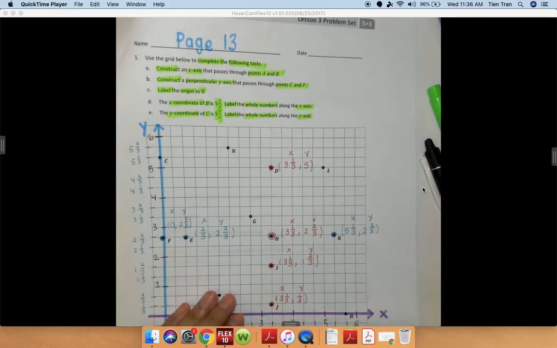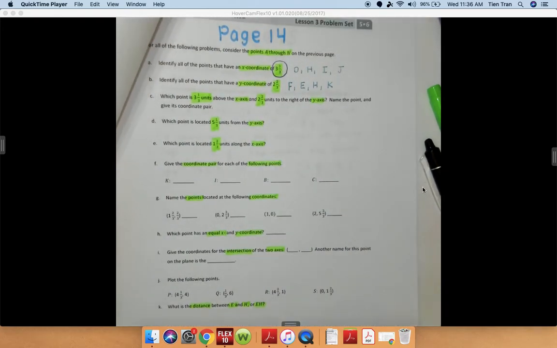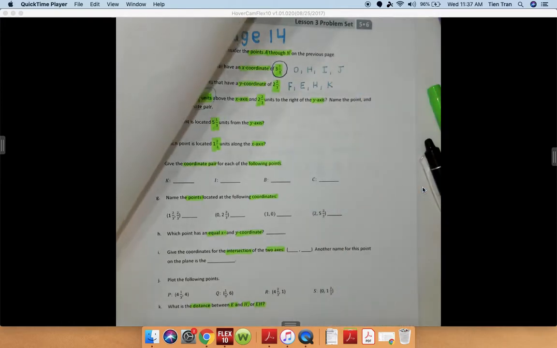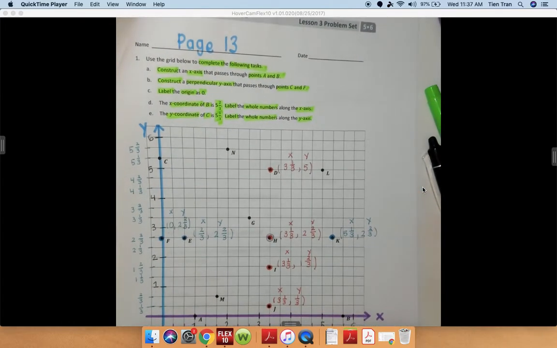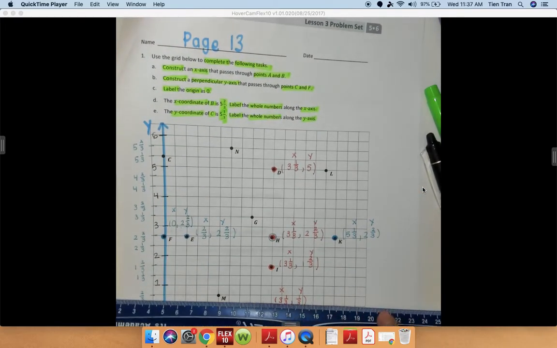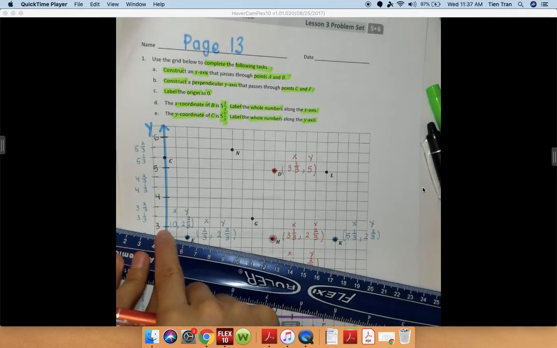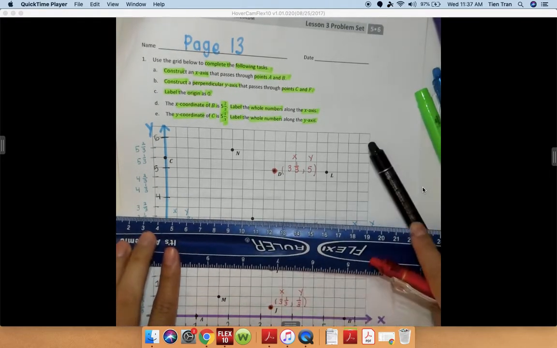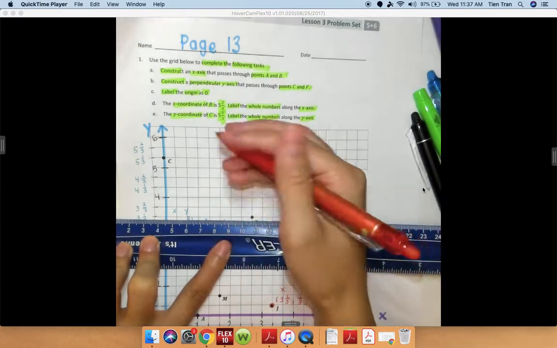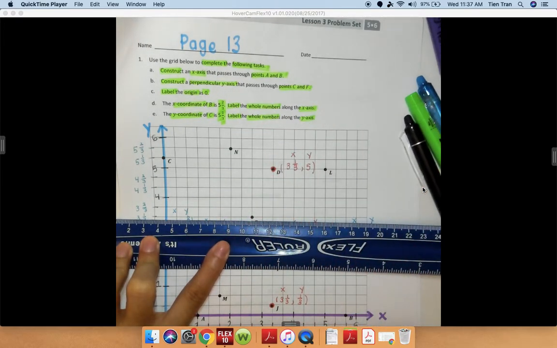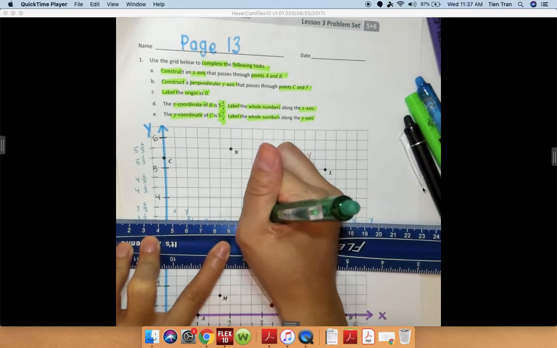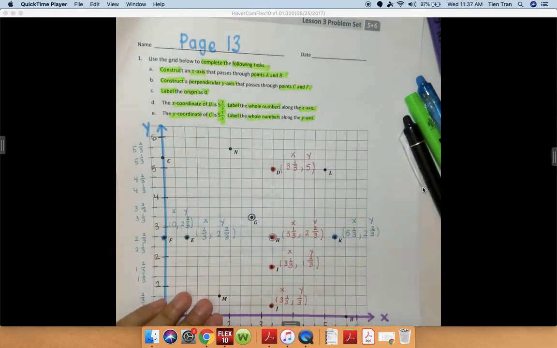So I'm going to move 3 1/3 units. To do that, I'm going to move this up to 3. So this is 3 right here, and I'm going to move it to 3 1/3. Okay, so there is only one that is at 3 1/3. So right here. Okay, that's your G.